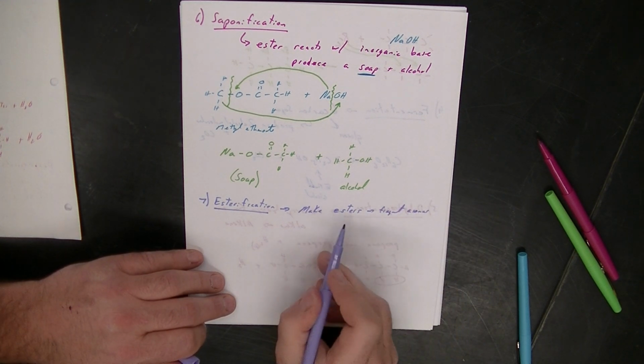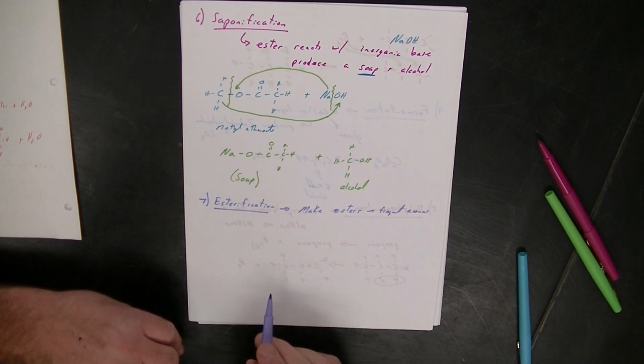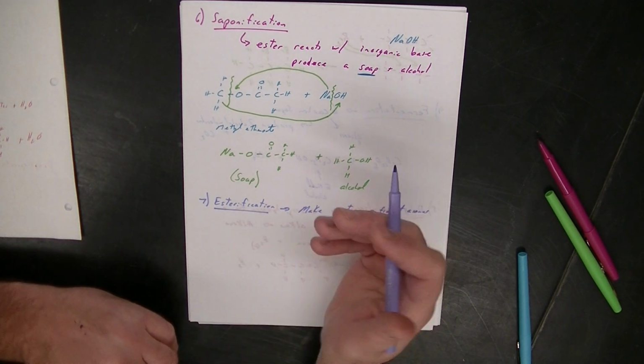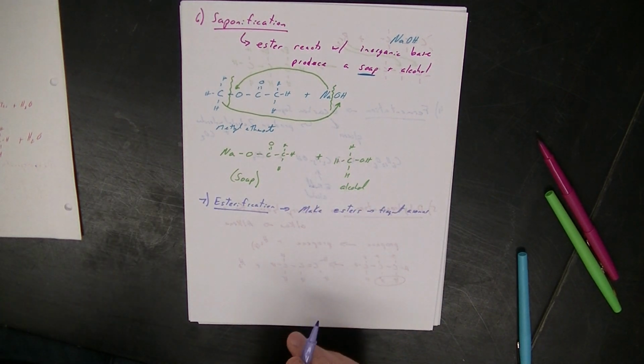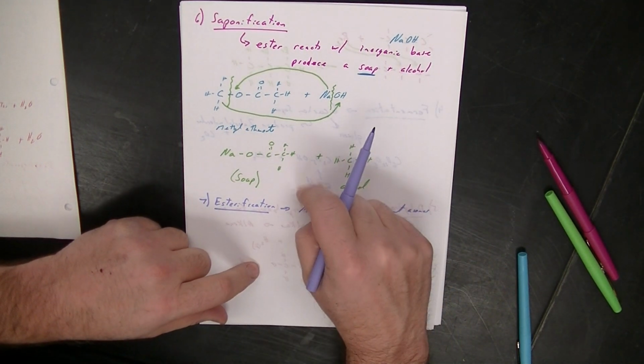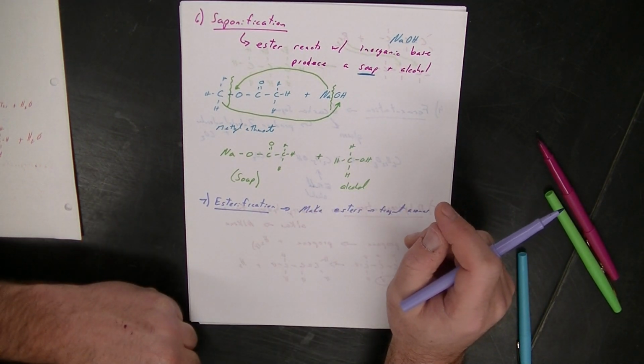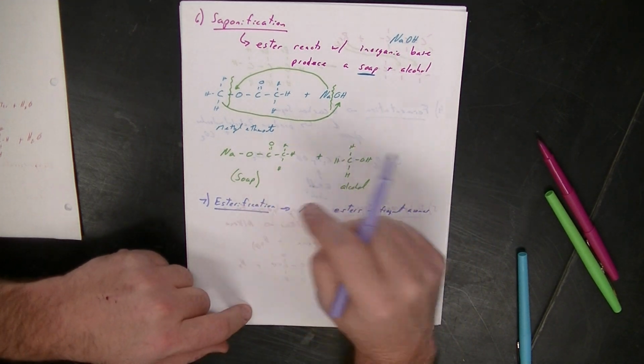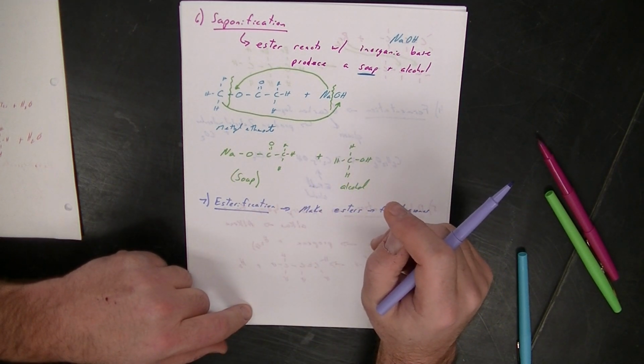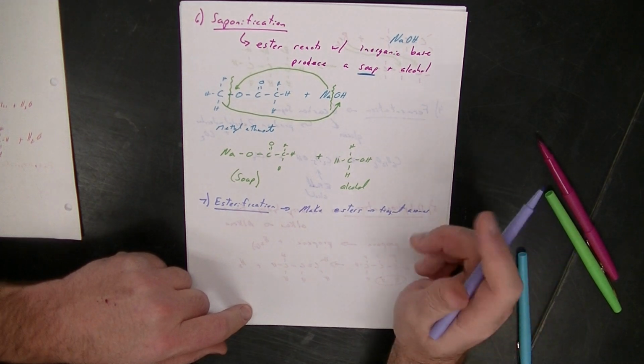This is how we make perfumes. We do esterification. It's how we make the smells in a lot of our deodorants. For those of you that like those scratch and sniff stickers, those are generally esters on those stickers.